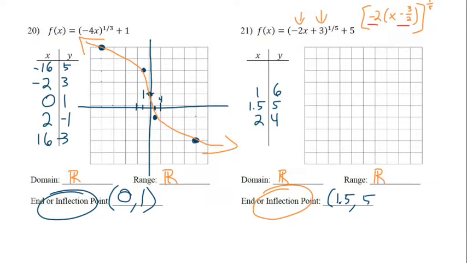So here we go. We're just going to graph what we got. So 1.5, 5. 1.5, 1, 2, 3, 4, 5. Actually, you know what? I should lower that, because everything is positive y. Let's make that a little cleaner. There we go. 1.5, 1, 2, 3, 4, 5.